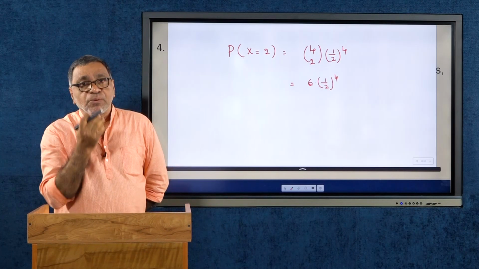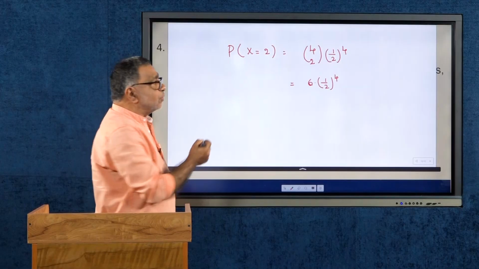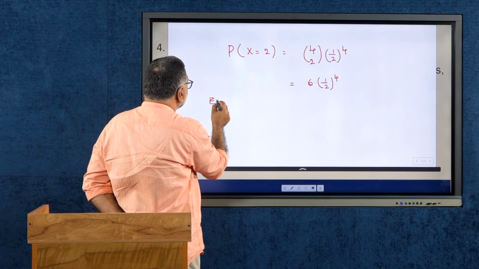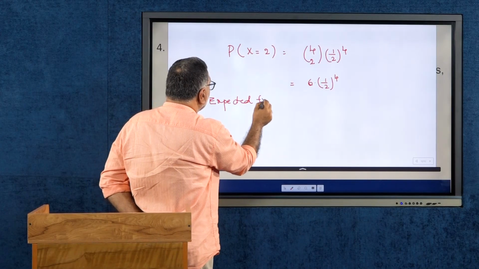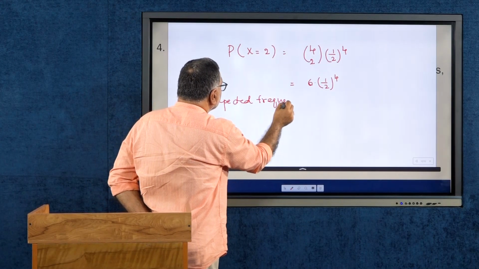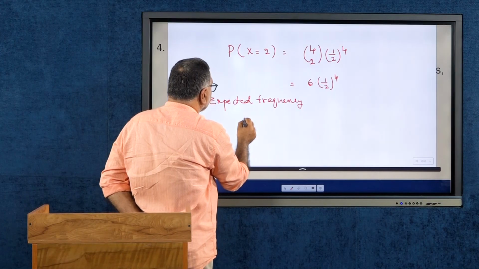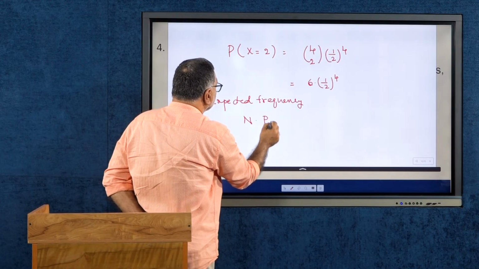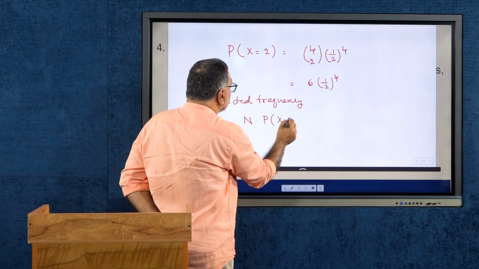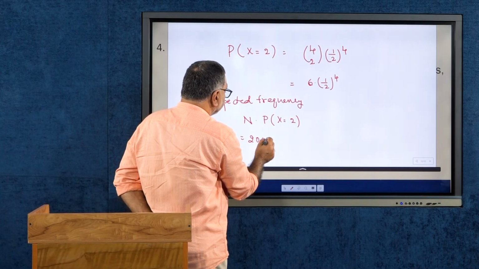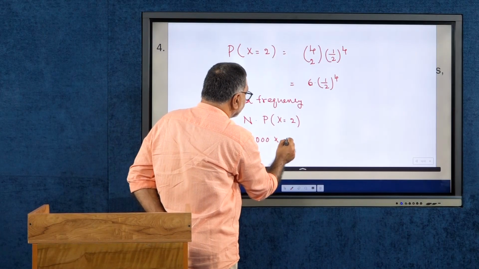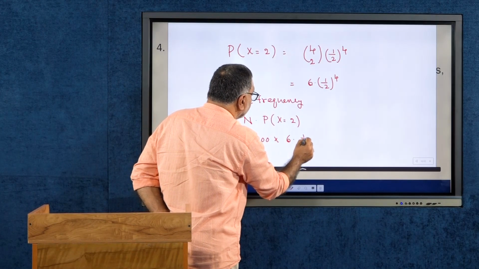So what is the expected frequency? The expected frequency is N into the corresponding probability of x. So that is 2000 into 6 into (1 by 2) to the power 4.